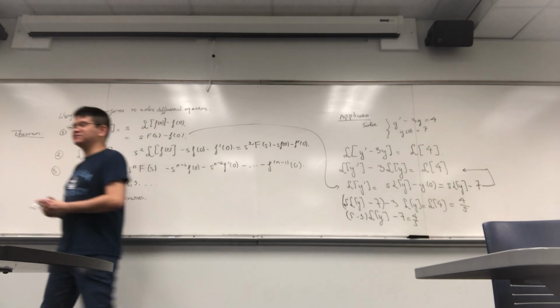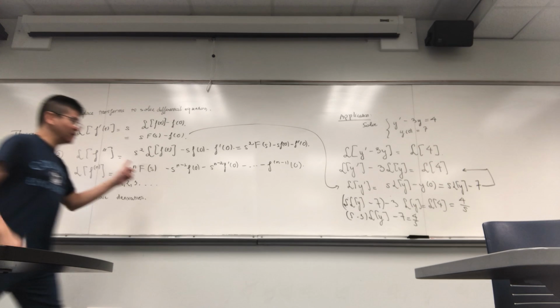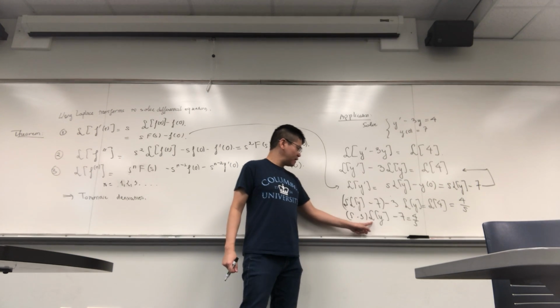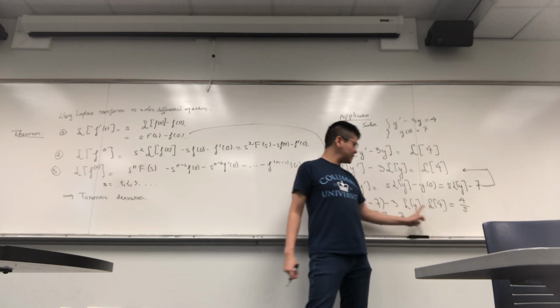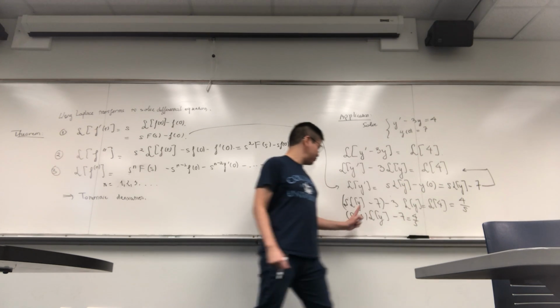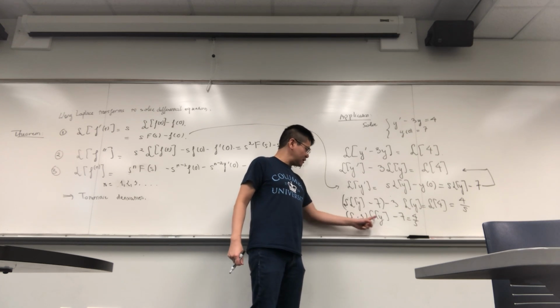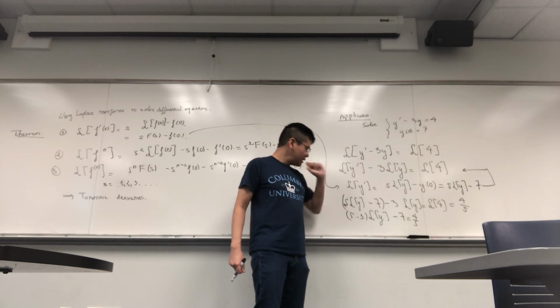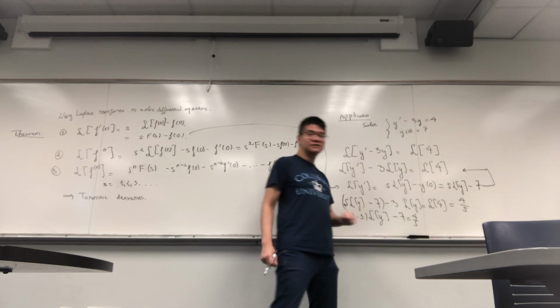Now I have to solve a first order linear equation for the Laplace transform of y. Here I have s times the Laplace transform of y minus 7 minus 3 times the Laplace transform of y is 4 over s. I group s minus 3 with the Laplace transform of y, and the minus 7 goes to the other side, and this is going to be 4 over s.